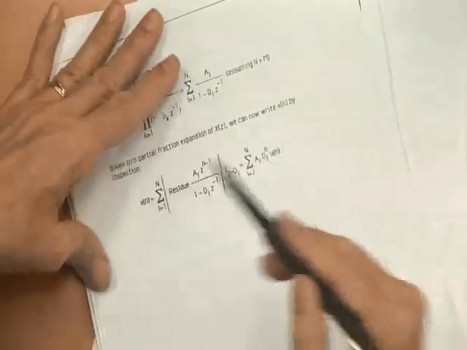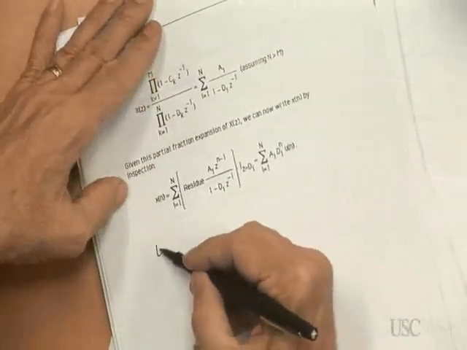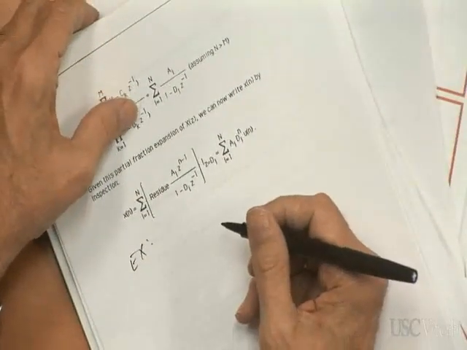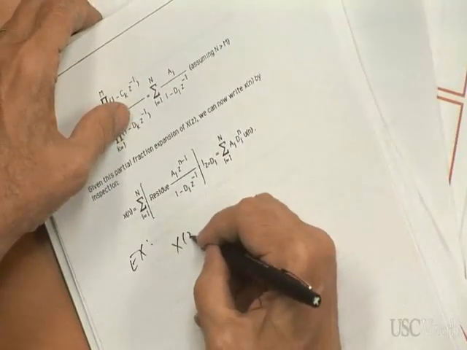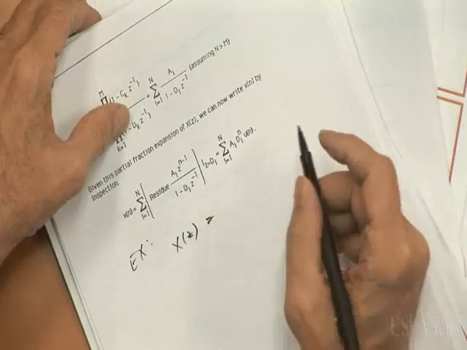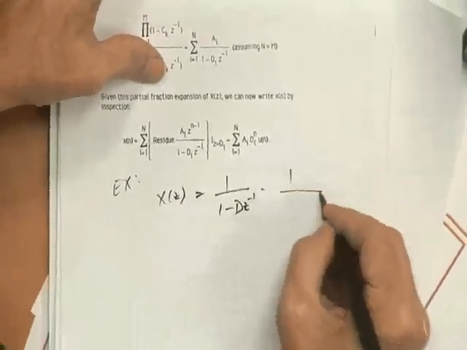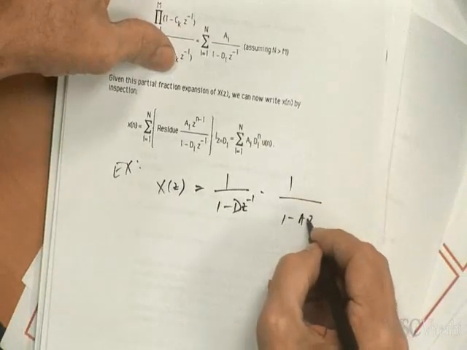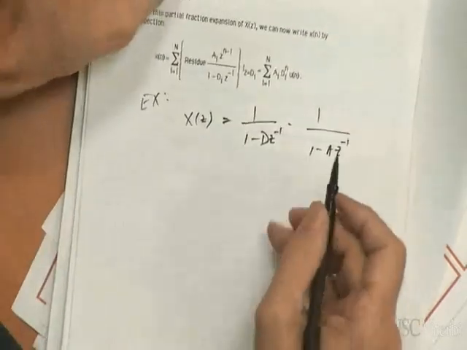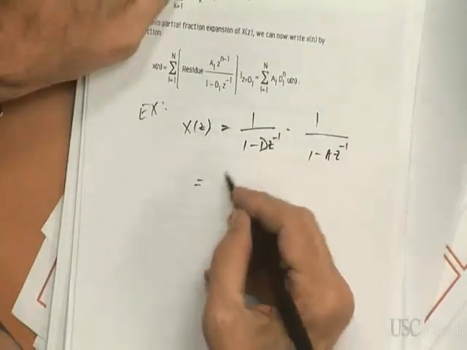Let me give you an example. X of z is equal to 1 over 1 minus d z inverse, times 1 over 1 minus a z inverse. The trick with partial fractions is that you can write this as a sum.